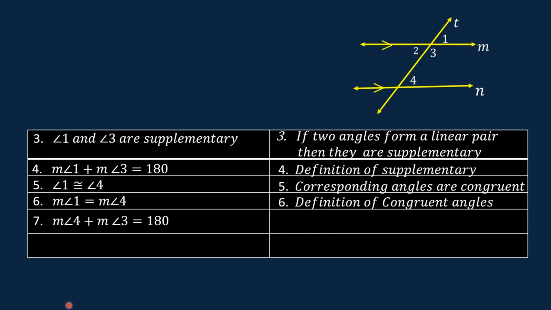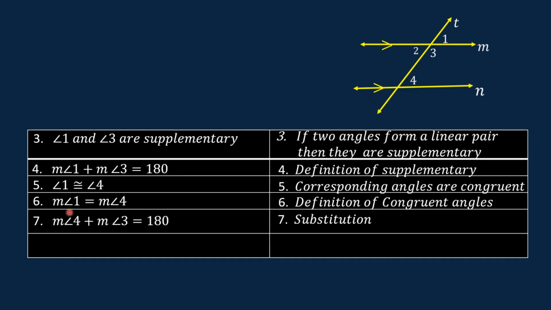Statement number 7. The measure of angle 4 plus the measure of angle 3 is equal to 180. The reason is substitution. In statement number 4, we said that the measure of angle 1 plus the measure of angle 3 is equal to 180.